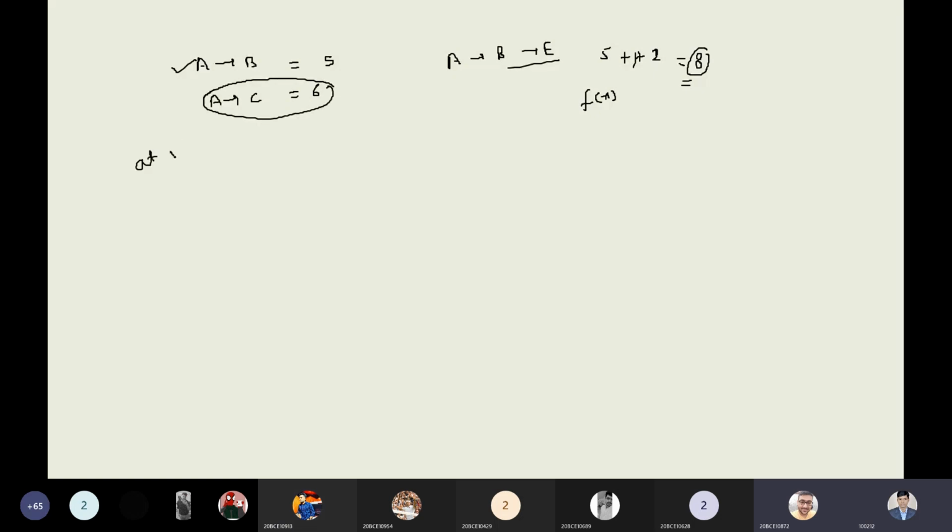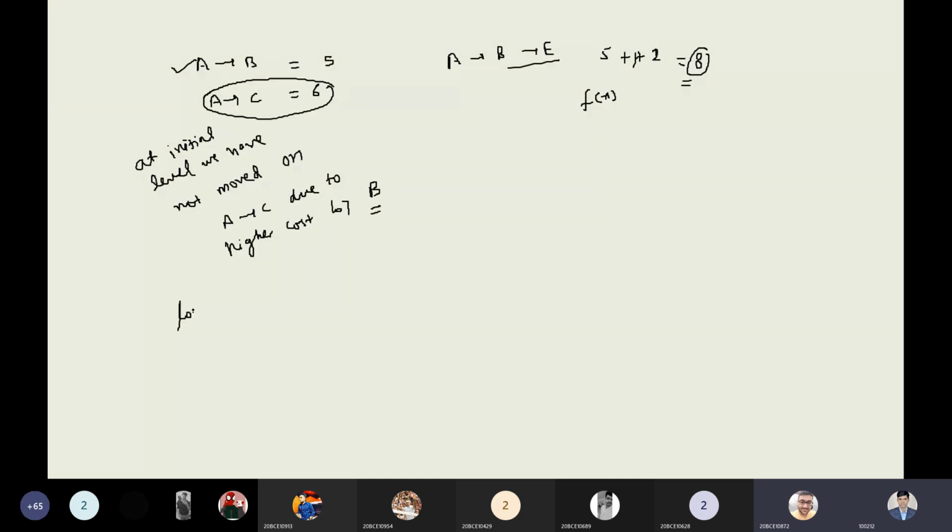But as an initial level, this was my point. At initial level, we have not moved on A to C due to higher cost by B. Okay, so this is the reason.